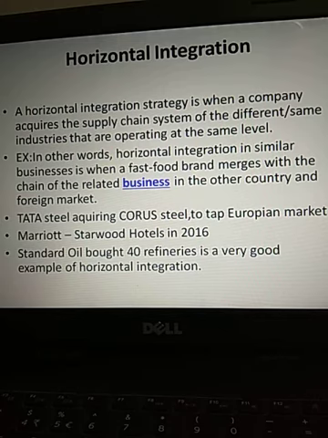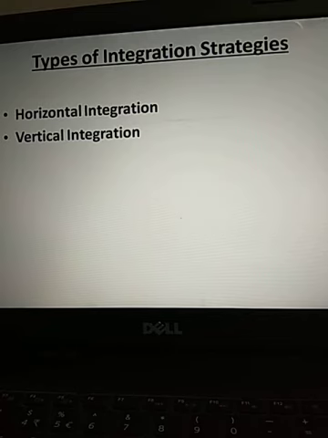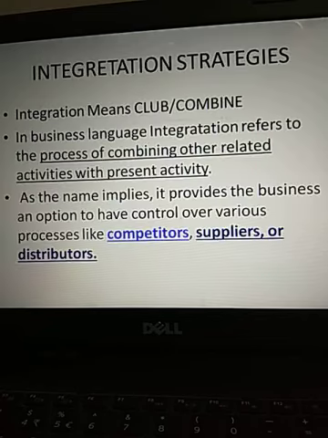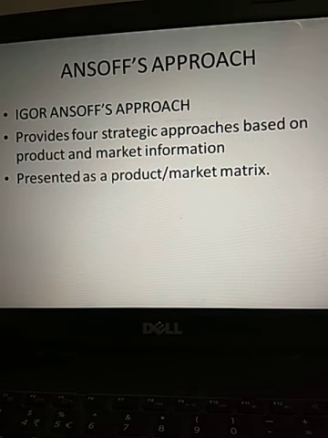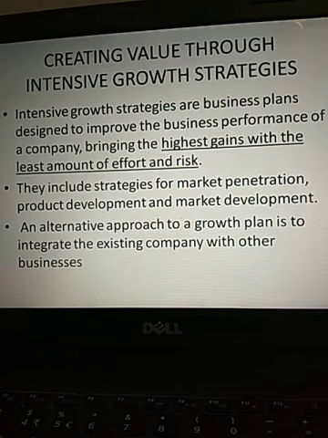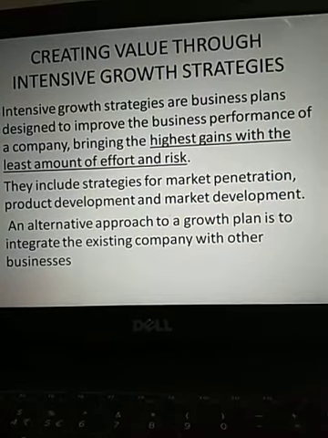Next, horizontal integration. Types of integration strategies. Ansoff's matrix. Creating value through intensified growth. So I'm stopping here.